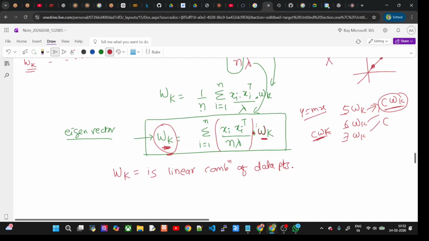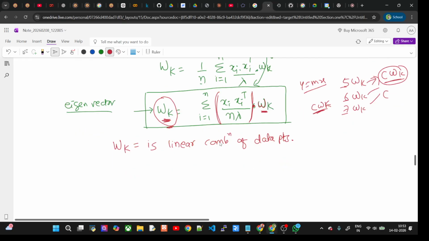But I'm not interested in this wk. So I'm rearranging this now. I take xi transpose into wk divided by n lambda, and now I take this xi out.